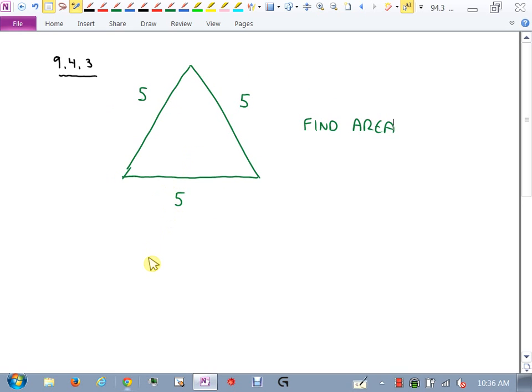I'll get students that the first thing they'll do is they'll say, okay, look, I can create a right triangle, right? And then I can say that the right triangle on the right-hand side is 5 here, and this distance from here to here would be half of 5, wouldn't it? Wouldn't this be halfway?